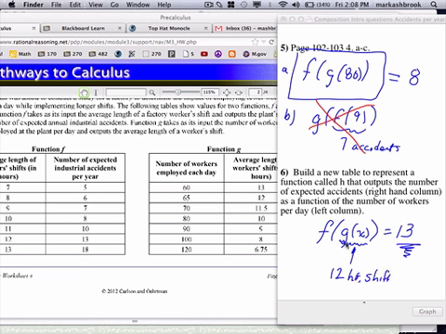But if that's G of X, the input of F, then it's also the output of G. Is the output of G hour shifts? Sure it is, 12-hour shifts. So the output is hours of shift, so we're okay. G is how long shifts are, so we want the corresponding number of workers that would give a 12-hour shift. Is that 65? Yes.